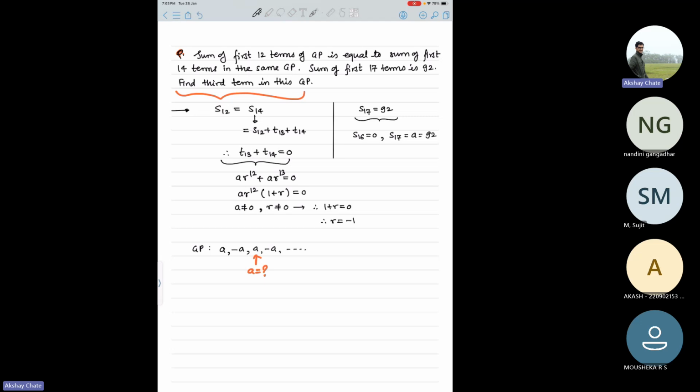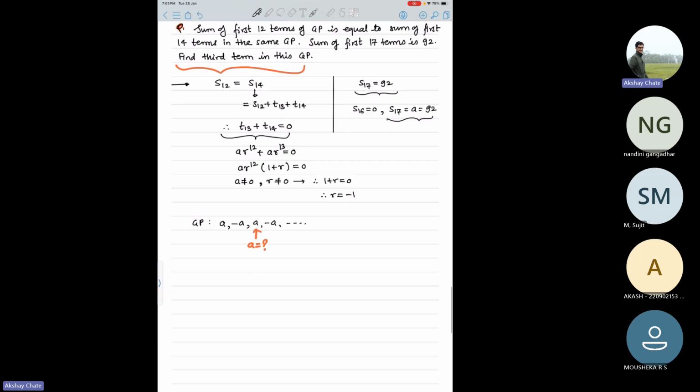The 17th term in your series is plus A, and that should be 92. So your actual series will look like 92, minus 92, 92, minus 92, and so on. And this is your answer, the third term. So the answer is 92.